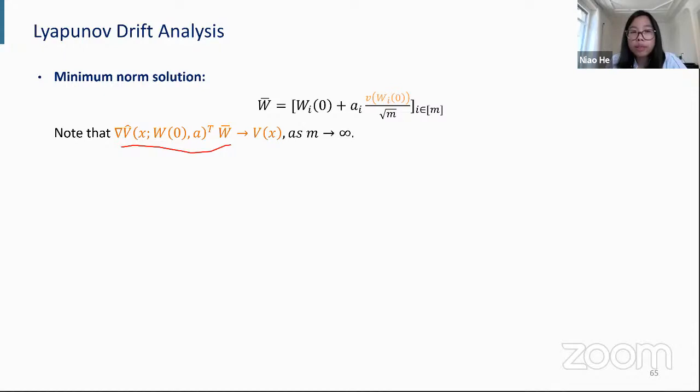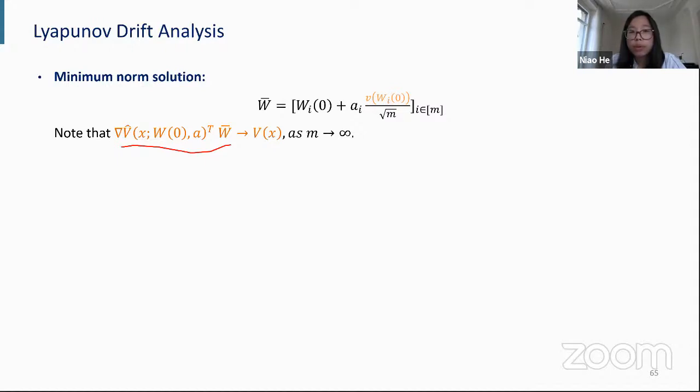If you write this down, you basically get nothing but 1 over m. This gradient has 1 over square root of m, the indicator function, x transpose, times these two terms. This is the reason why we use symmetric initialization, so this gradient times W0 will be essentially 0.